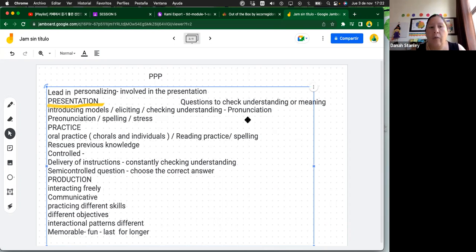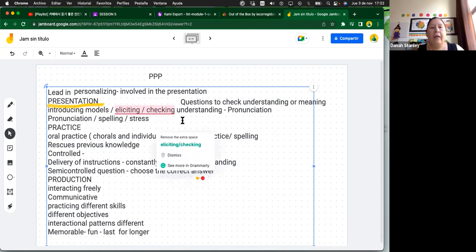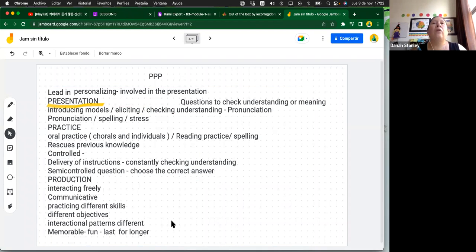And he is also introducing the pronunciation. He was modeling, the students were repeating chorally and individually, so the teacher could monitor and check how well they were pronouncing the words. He was presenting orally, but also he wrote each model on the board.